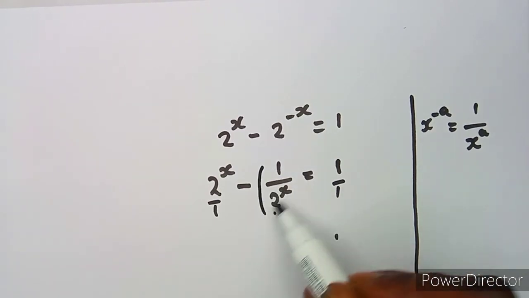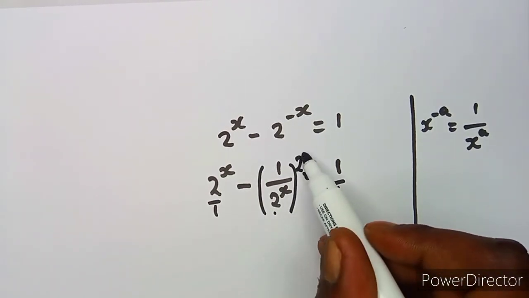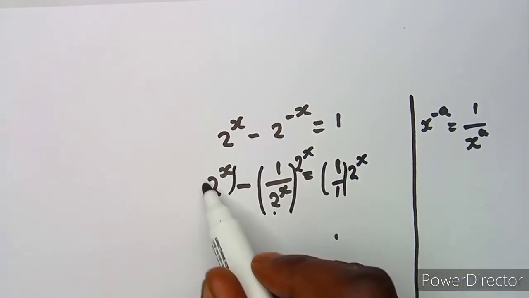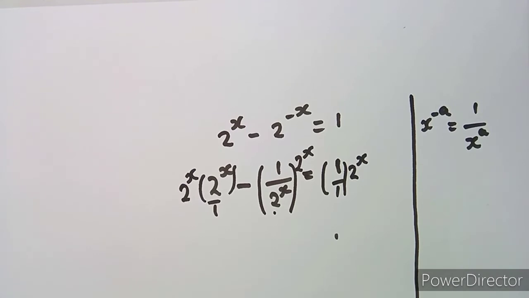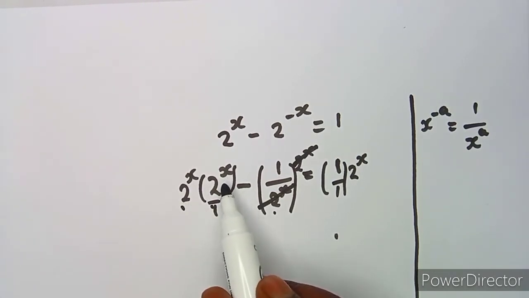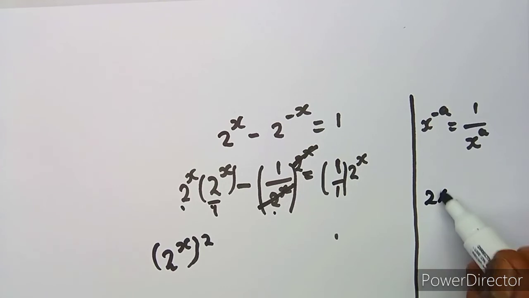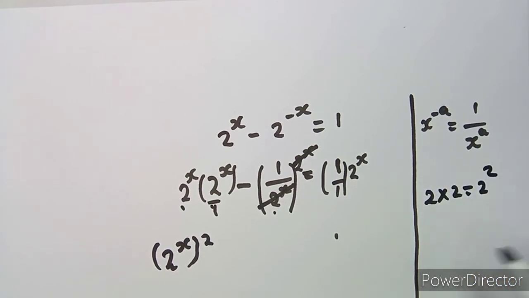So to remove this, you are going to multiply each term by 2 to the exponent of x to remove the fraction. That means this will cancel, and this will be 2 to the exponent of x times 2 to the exponent of x, which simply means 2 to the exponent of x, squared, just like 2 times 2 is 2 squared, 3 times 3 is 3 squared. That is the case there.